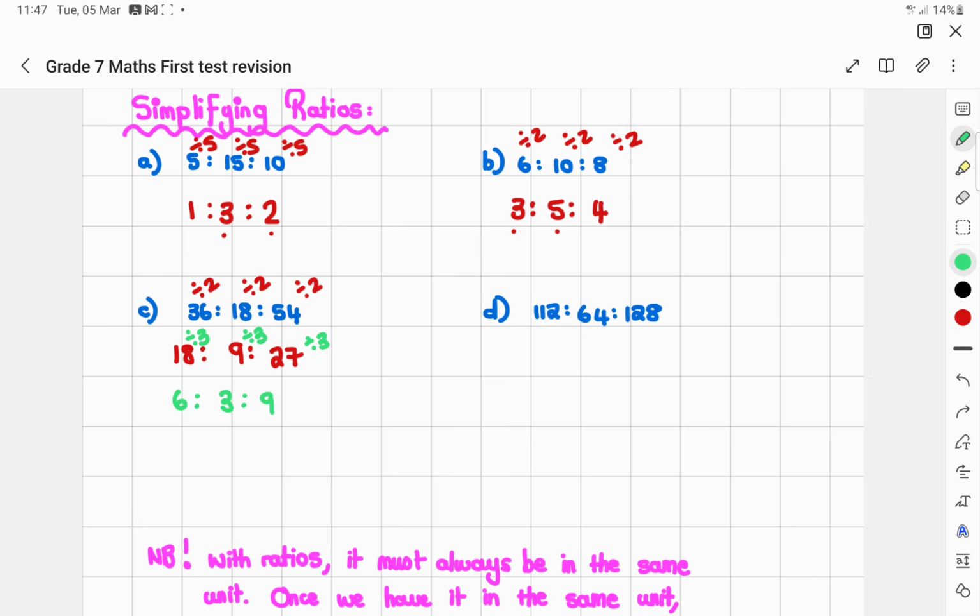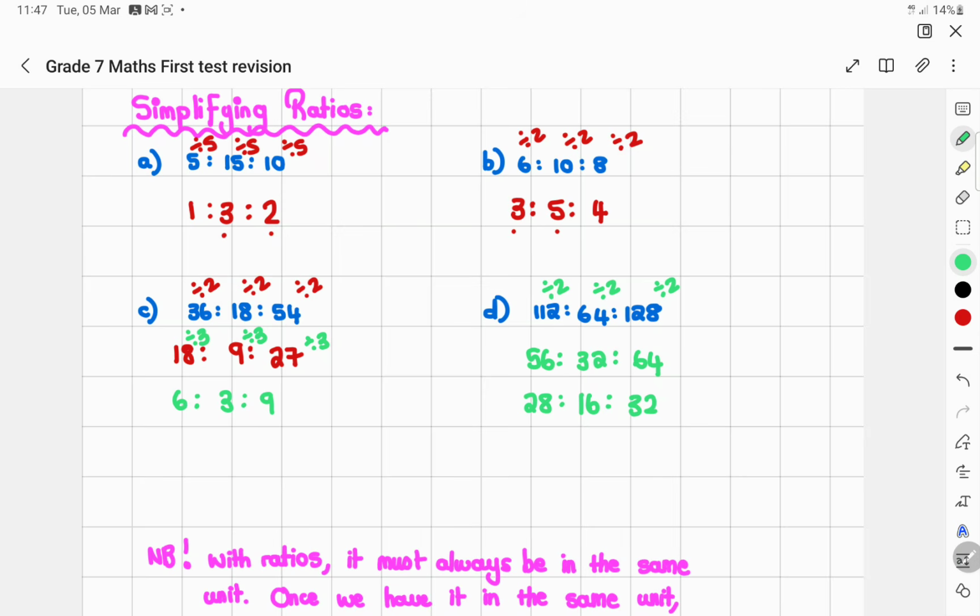All right, this one as well, a bit hard, but I'm going to divide by 2, as I know that they're all even numbers. They should be divisible by 2, which gives me 56 to 32 to 128 divided by 2 is 64. And again, I'm going to divide by 2 all throughout, because I'm ending up with even numbers, 16 and 32.